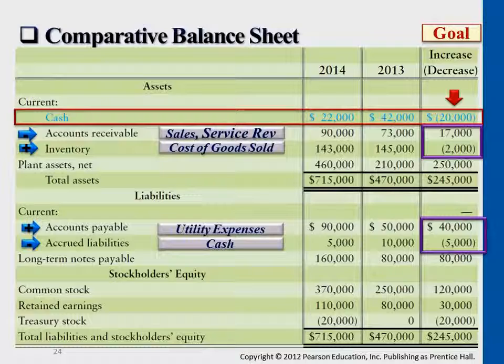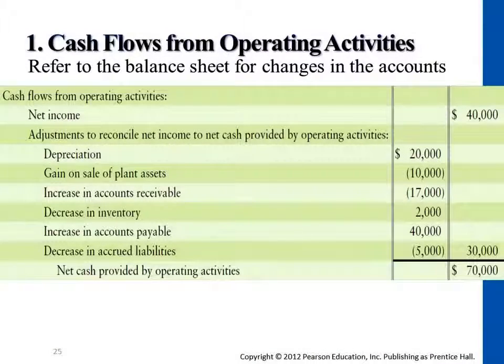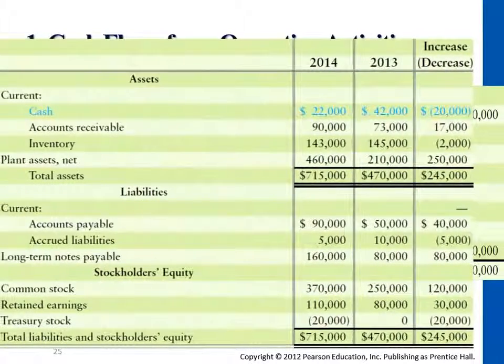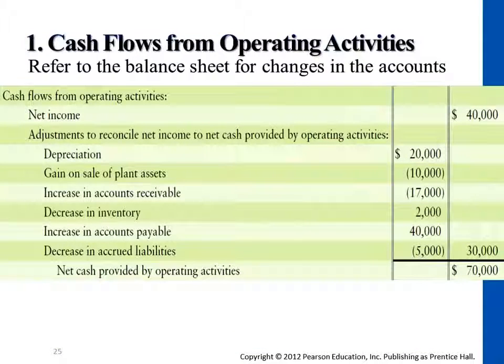Okay, if we put the balance sheet accounts and income statement all together, it will look like this. Again, we start from net income, we add depreciation, and gains, or if there were losses, we also add back all the losses. And then accounts receivables, inventory, the overall effect that I just wrote on the whiteboard. The overall effect of comparing the two years' balance sheets will be listed here on the statement of cash flow.